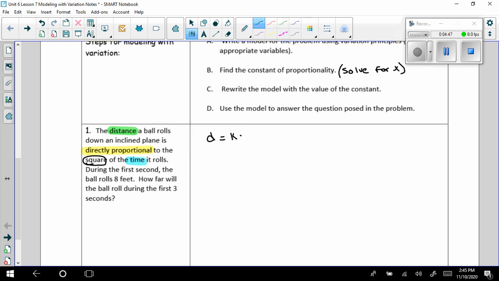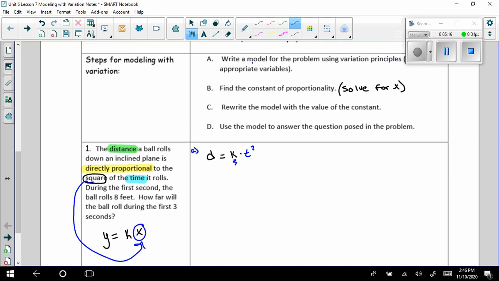So distance is rate times time, but when we write in our y equals kx, time is our x, but we need to square that. So we need to square our x value. So we have t squared here. Okay, so again, our k is our constant of proportionality. This is what we need to find. And so this is part A, where we just write our equation. Okay, so write a model for the problem.